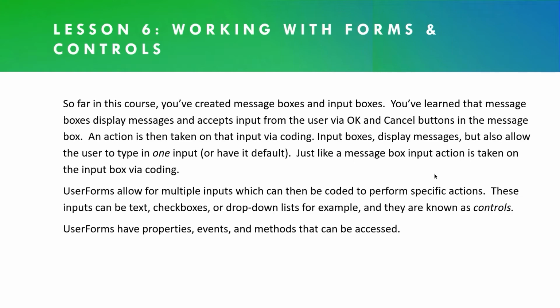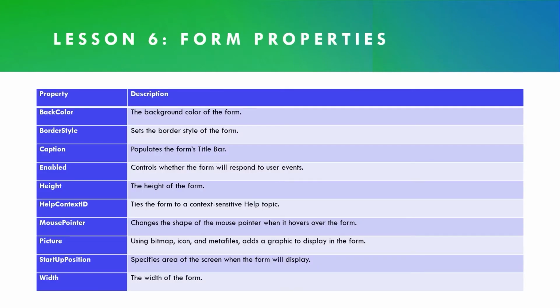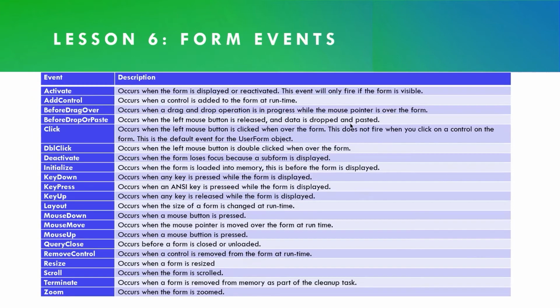UserForms have properties, events, and methods that can be accessed. These next few slides are for your reference after you've completed the course. I will be guiding you through this as we do exercises. So I have a slide with a description of form properties that can be accessed. The next one is form events.